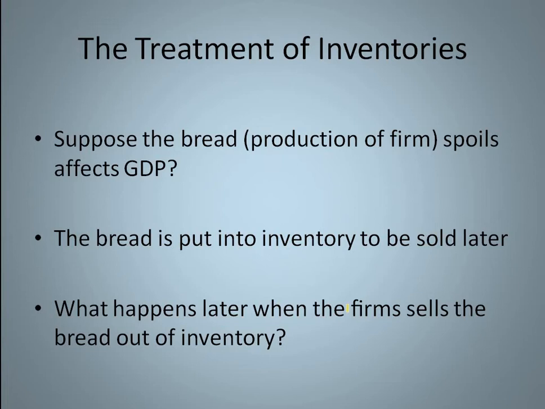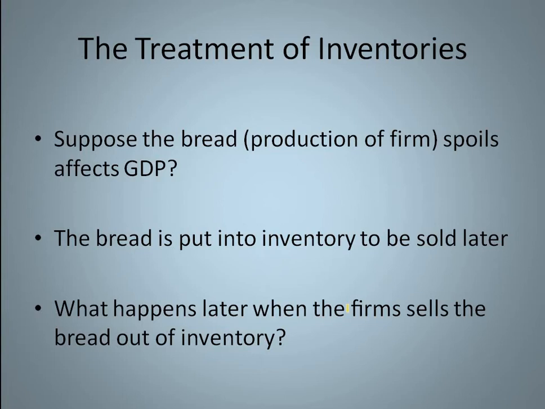Total expenditure in the economy has not changed because no one buys the bread. Total income has not changed either, although more is distributed as wages and less as profit. Because the transaction affects neither expenditure nor income, it does not alter GDP.